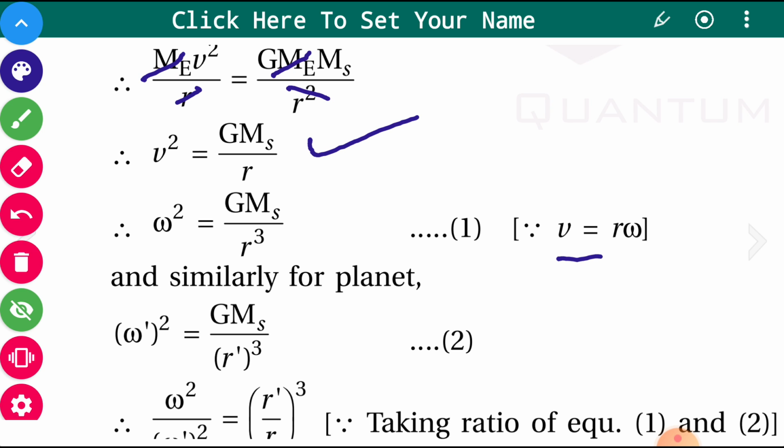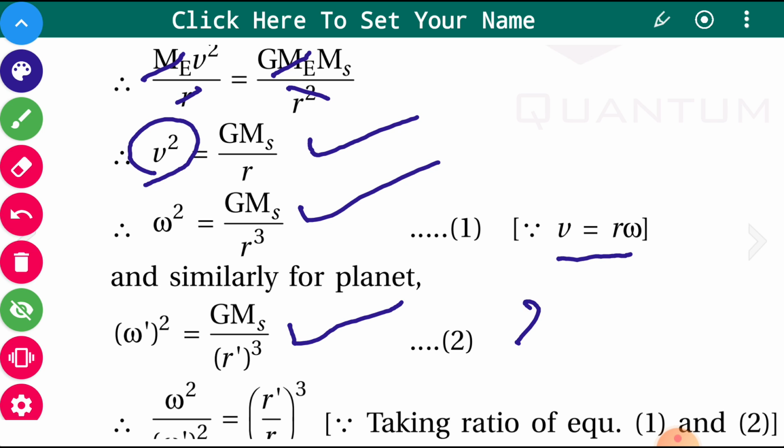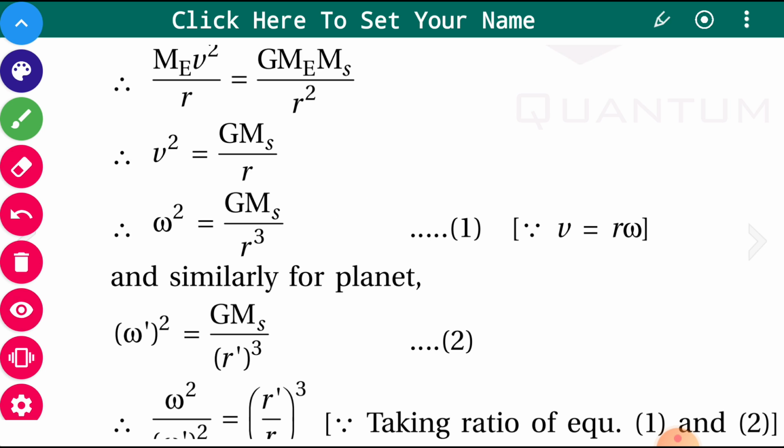Now as you know, v is equal to r omega, so instead of v we write r omega, then it becomes r square omega square, and making omega square the subject, it becomes G Ms upon r cube. And similarly for the planet we can write omega prime square is equal to G Ms upon r prime cube, where r prime is the distance between the planet and the sun.